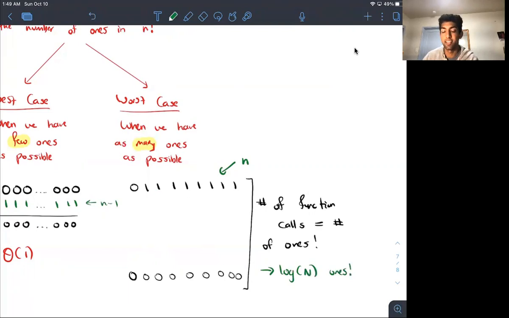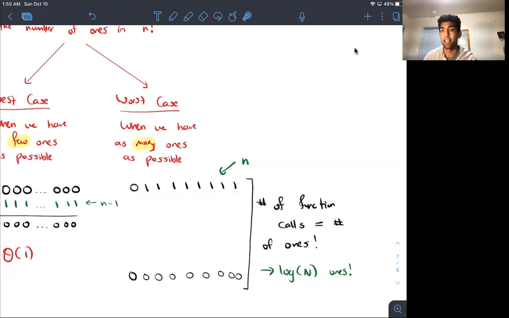And the reason is that if I'm looking at its binary representation, it takes log n bits to encode the number n in binary. That's just the definition of how binary works, right? So if all of these bits are ones, then there's log n ones.